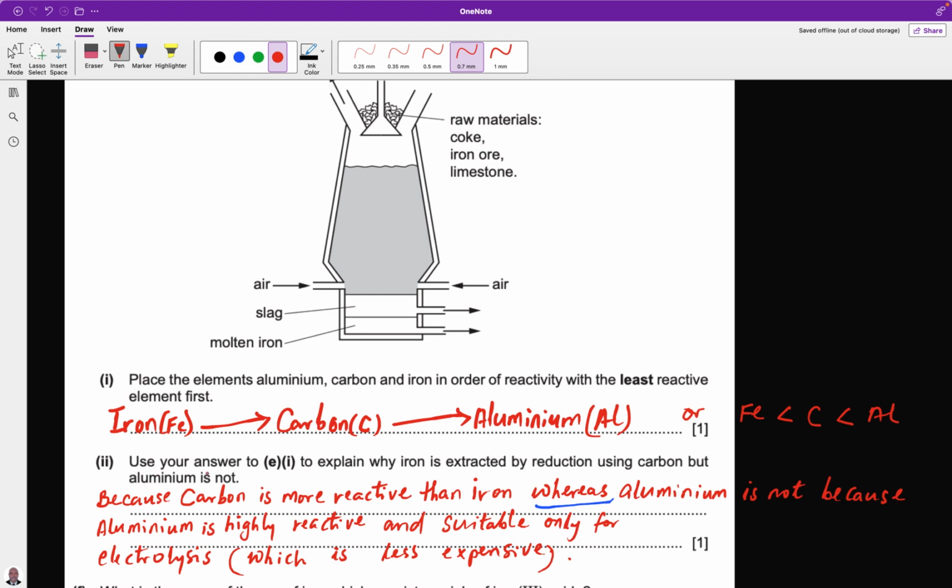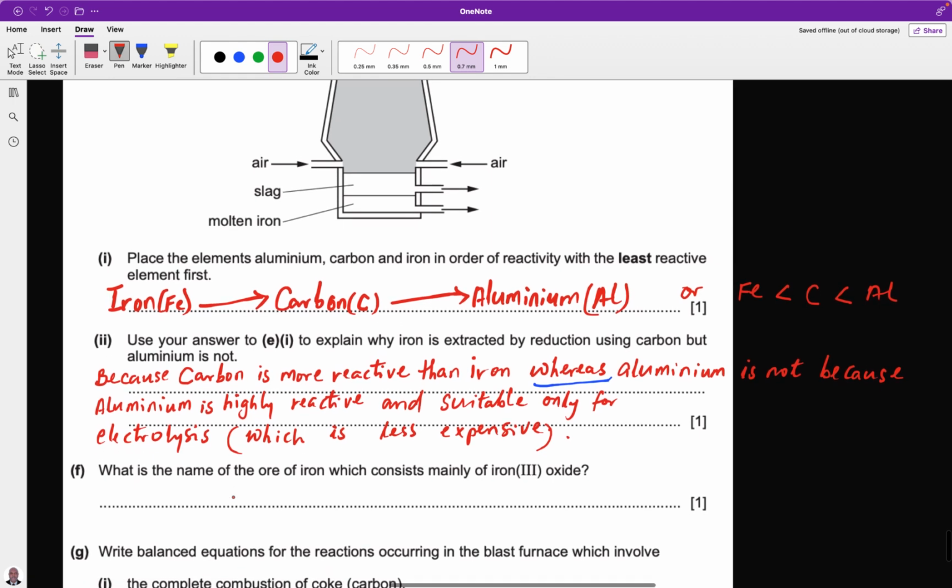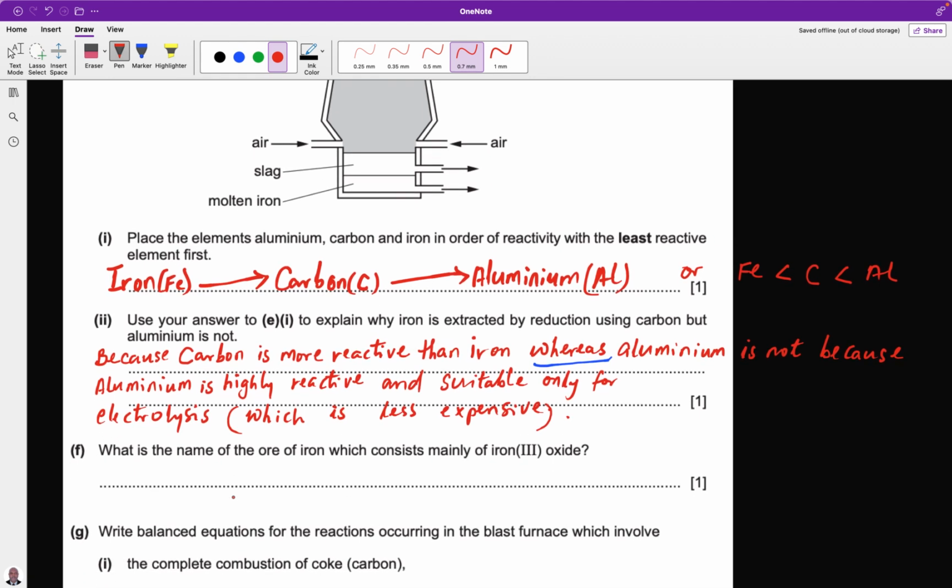Okay, use your answer to E1. Explain why iron is extracted by reduction using carbon, but aluminum is not. You should know that only reactive metals are extracted using electrolysis.